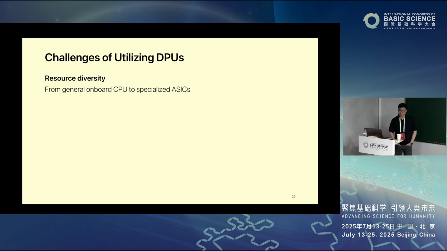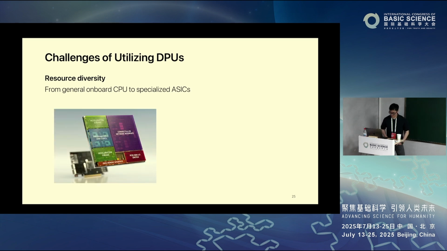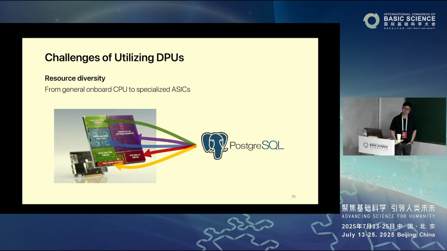It has a range of hardware resources: a CPU, specialized ASICs, a network interface card, hardware accelerators, SoC cores, etc. Given a specific application, if you want to offload an operation from the application, you need to figure out how to decompose this operation into tasks that can be executed by different DPU resources.